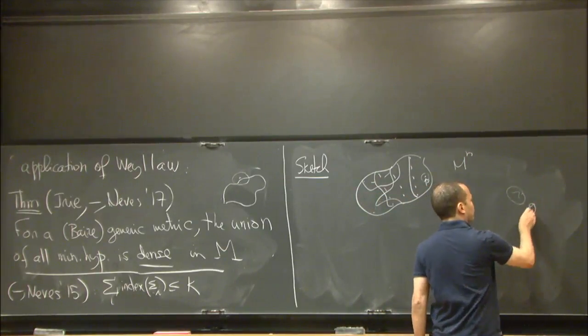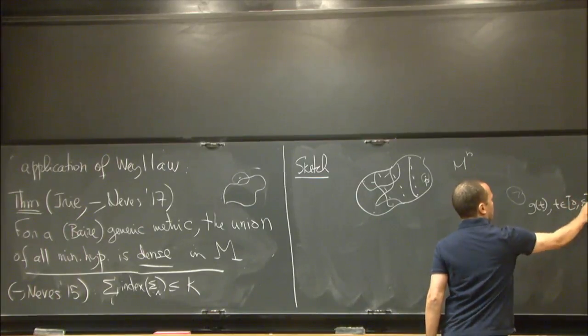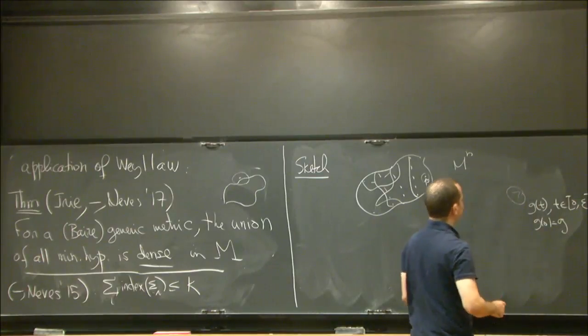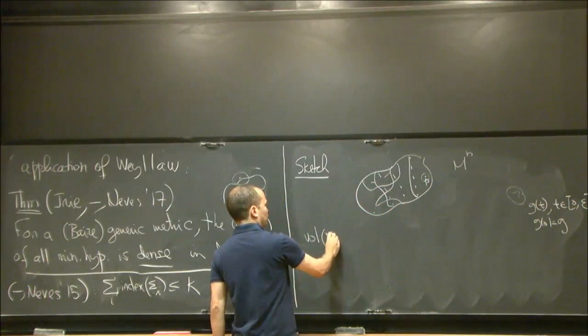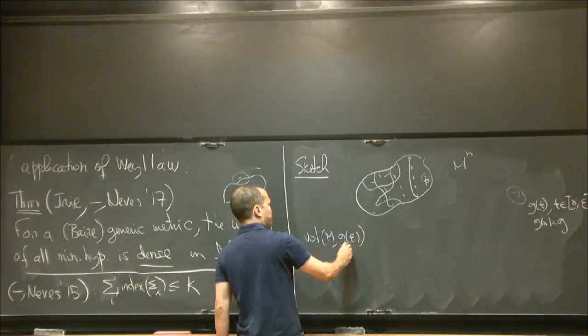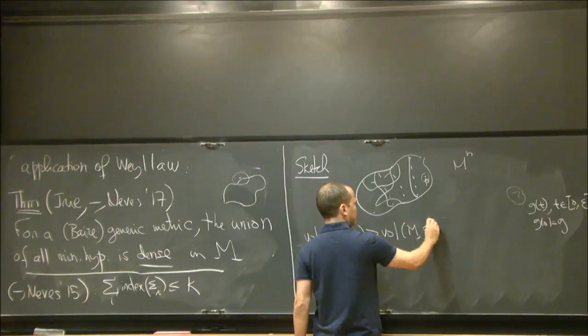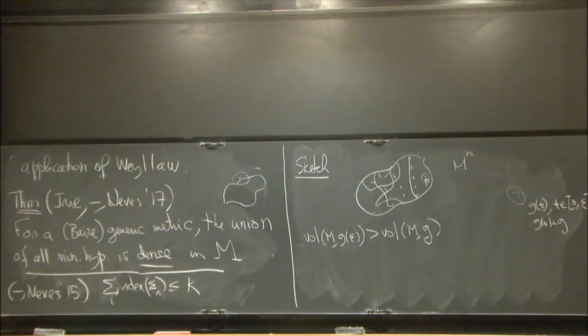Okay, find a one-parameter family of metrics, starting, of course, with the initial metric, and you bump the volume up. Then the volume of the metric G epsilon is strictly bigger than the volume of the original. So by the Weyl law, we know that some omega k will have to grow also.